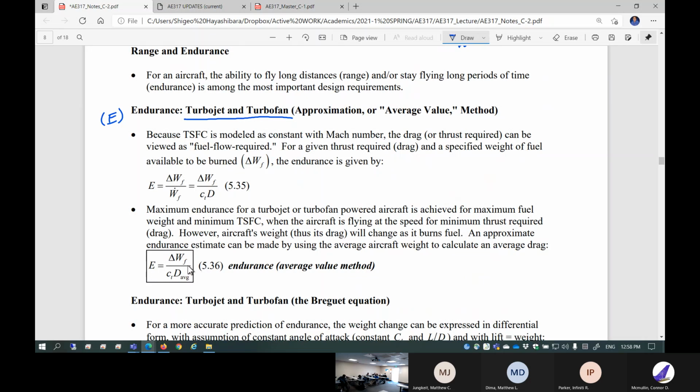Now, easy method means, hey, I'm going to just choose the average value. So the fuel consumption is linear. I'm going to choose the average value of a drag from beginning to end. So you need only 2 points there. At the beginning, at the very end, that's it. You're not going to concern anything about how you fly it in the middle, okay? So that is easy method.